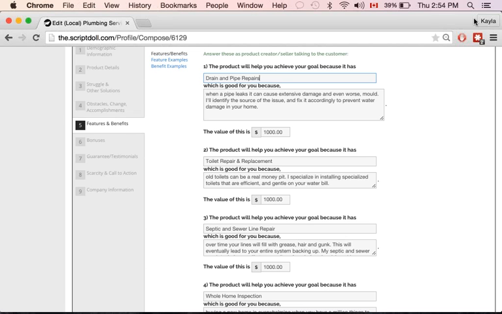This actually forces you, Scriptall actually forces you to write the benefit because of just the way the question is structured, which is good for you because you're literally answering the question, and it reminds you that you need to write why this feature is good for somebody, and not just write the feature, because just writing the feature alone is not going to convince somebody that they need your product. And that's a huge, huge issue.